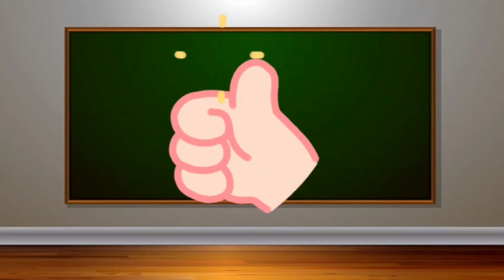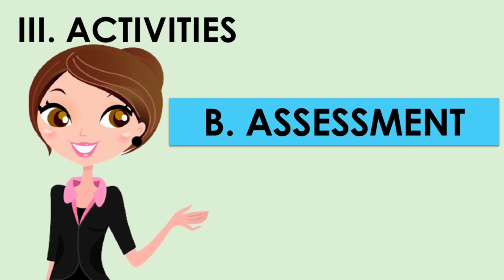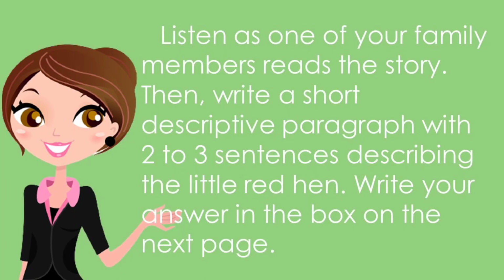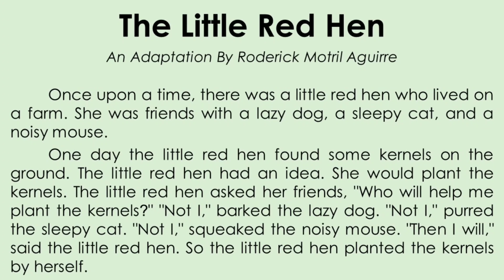Good job, kids! Now, let's proceed to another task on page 5. Listen as one of your family members reads the story, The Little Red Hen, an adaptation by Roderick Motrell Aguirre. For our activity, you are going to fill in the box with the characters and setting in the story entitled The Little Red Hen.